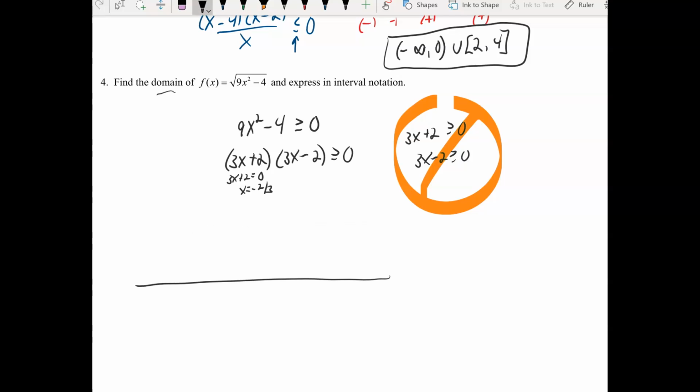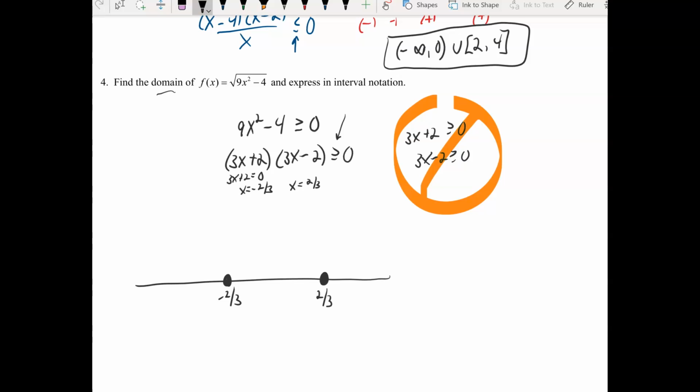And then this one would give us x equals positive 2/3. And those are our only critical points. So we're going to put them on our graph. Negative 2/3, positive 2/3. We're looking to include the points that are equal to 0, so these are both going to be darkened. These are both going to be part of the solution, whatever else happens.